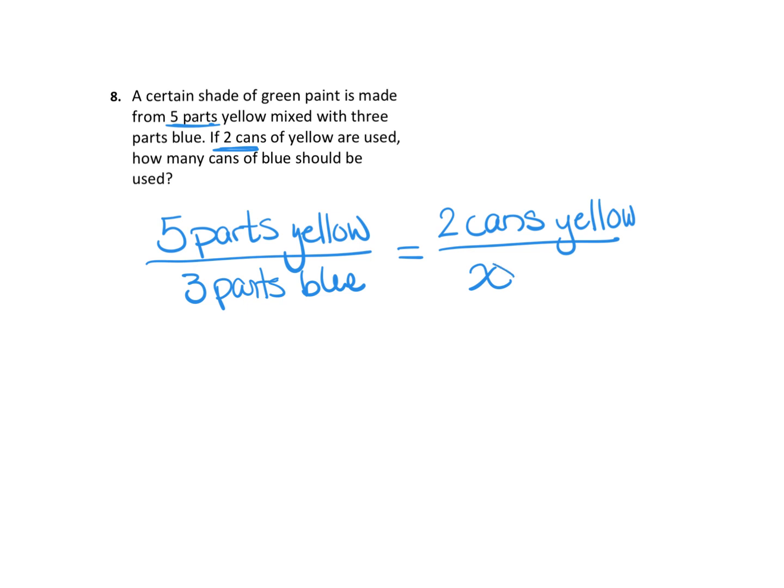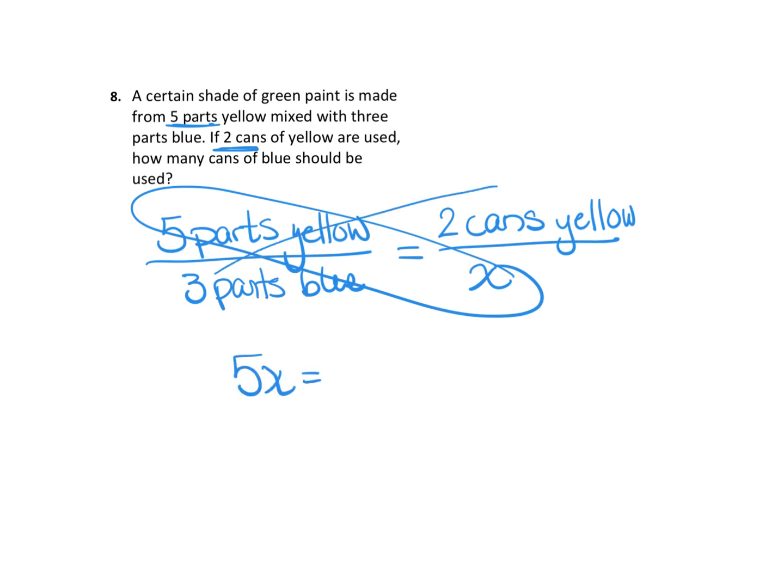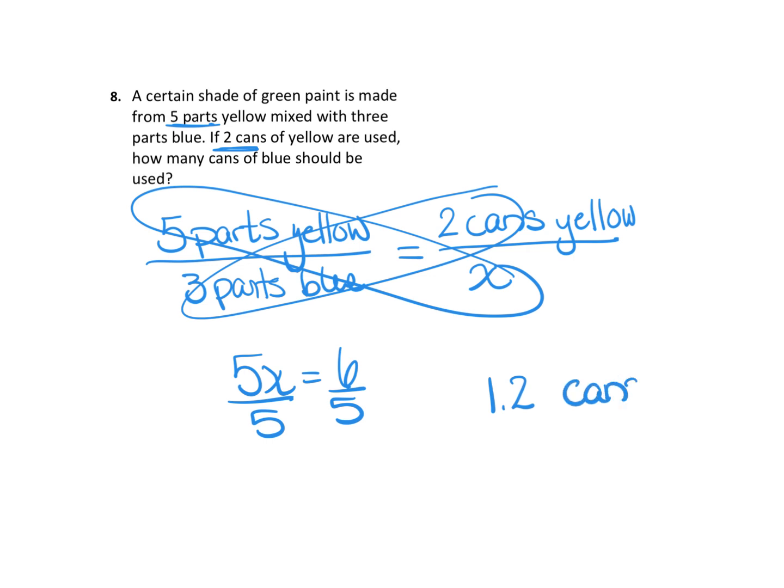So let's solve 5x is equal to 6. And so now I'm going to divide by 5. And 6 divided by 5, then you're going to have 1.2. So that means that you'd have 1.2 cans of blue paint.